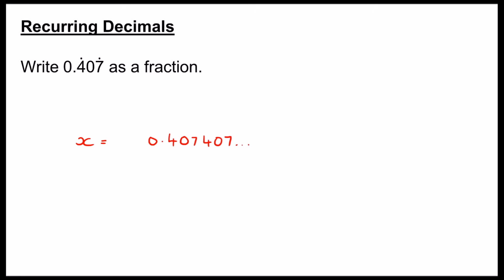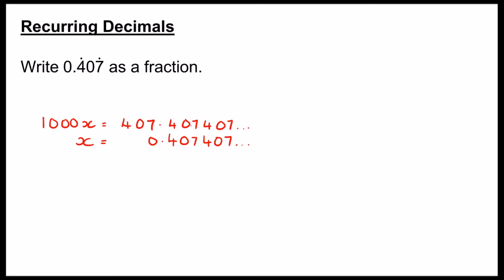This time, to get an equivalent equation that has the same recurring part in the decimal, I'm going to have to multiply by 1000. This would give me 1000x being equal to 407.407407 and so on.